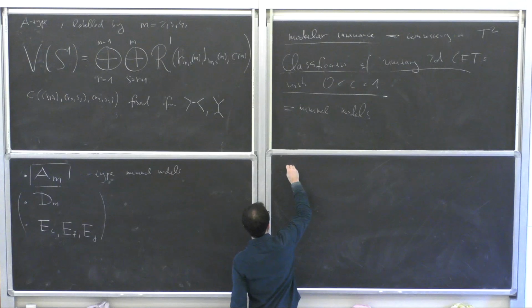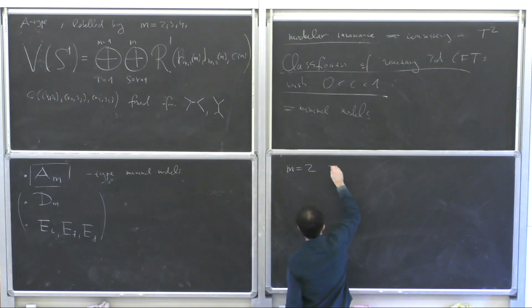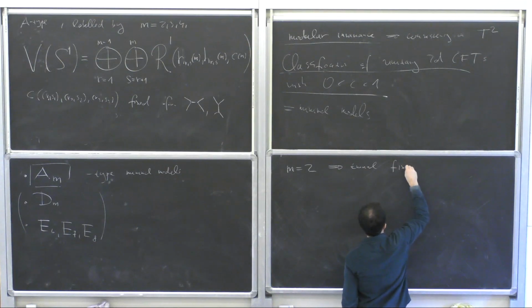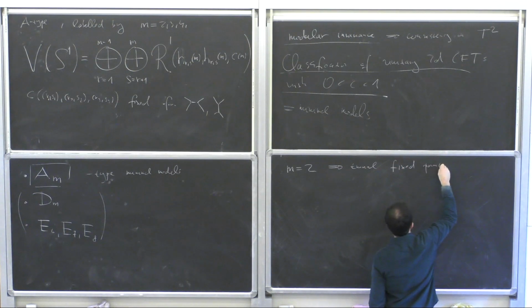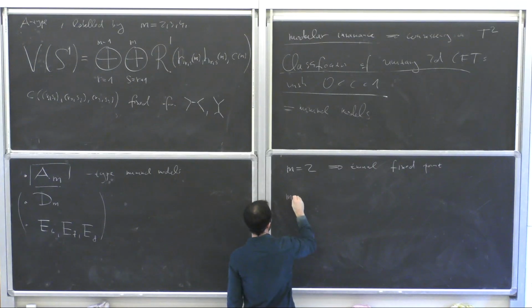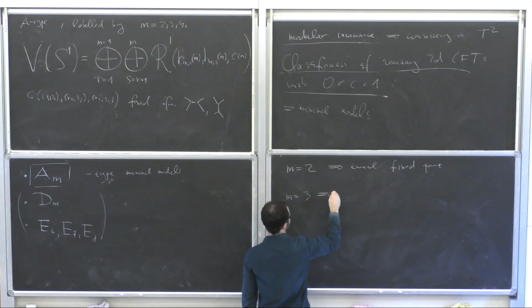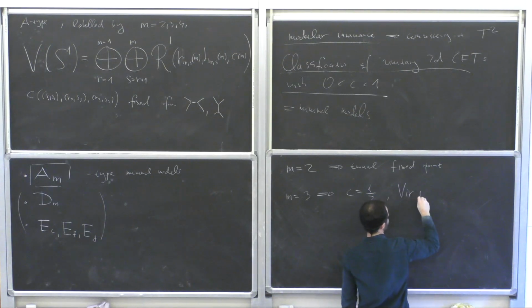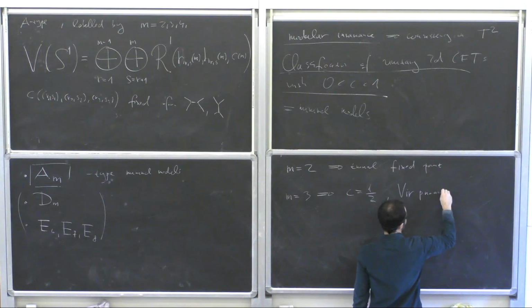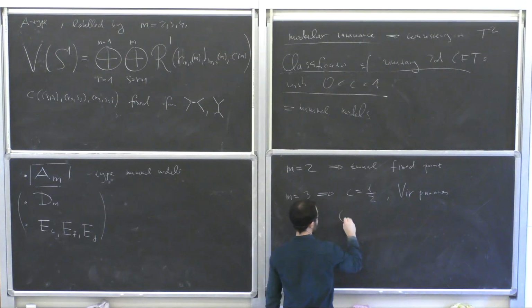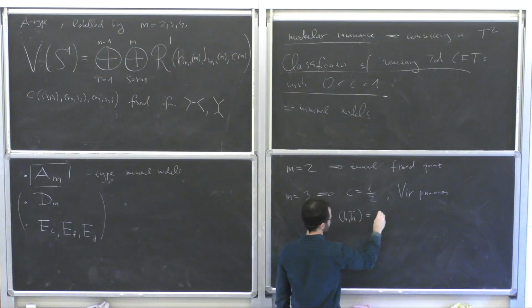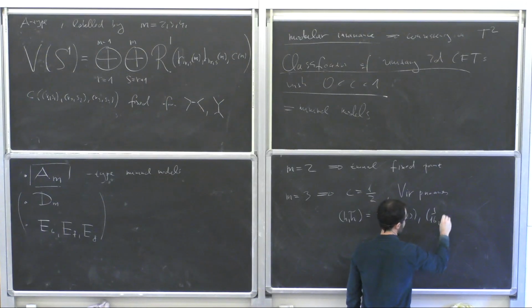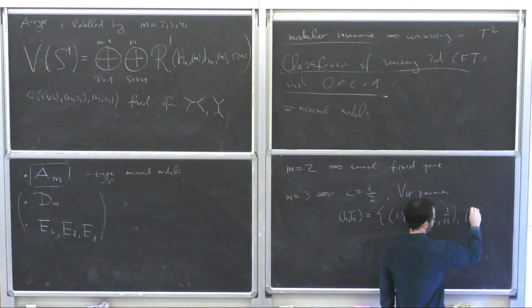So what are these theories? For m equals 2, it's the trivial fixed point. So quite boring. For m equals 3, we have central charge 1/2, and there are 3 Virasoro primaries of conformal dimensions, so now I will write H tilde, it's 0, 0, 1 over 16, 1 over 16, and 1/2, 1/2.